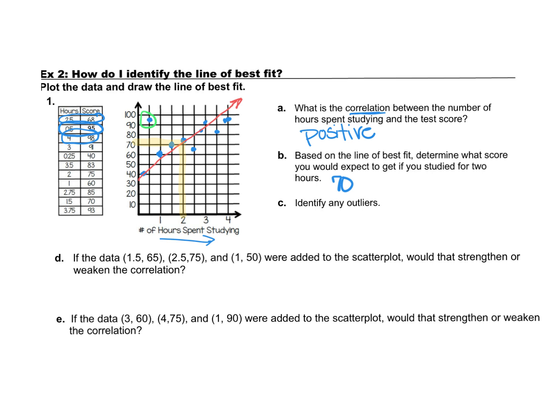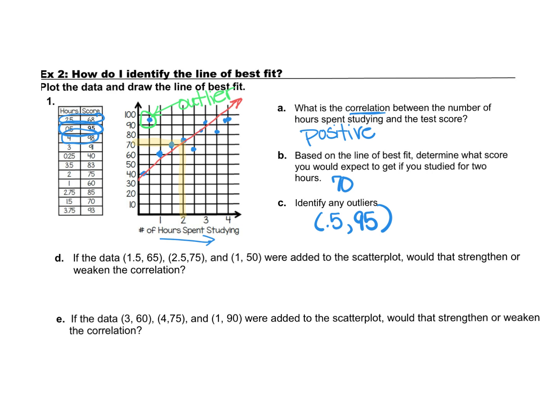And so our outlier is right here. It's a piece of data that is a lot bigger or a lot smaller from the rest of it. And so our outlier would be the 0.5, so they studied for half an hour and they scored 95. That would be our outlier, right there.